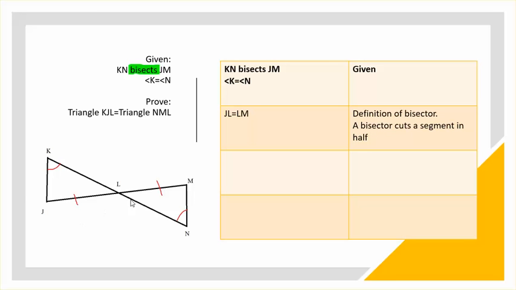So let's look back at our picture and see if we have enough yet. I have a pair of equal angles and now a pair of equal sides. Okay, that's not enough to know that my triangles are congruent. What else does the picture tell me? Think back to one of the first types of angles we learned about, which were vertical angles. Vertical angles are made when two lines intersect, and those angles are equal.